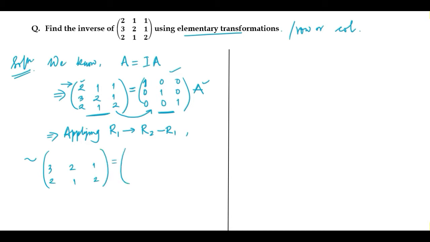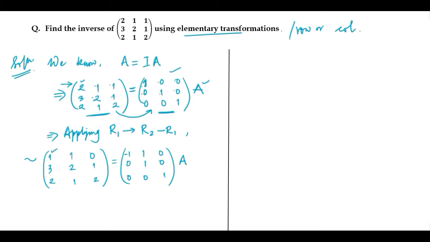Right hand side 0 1 0, 0 0 1 and A. Now you do this R2 minus R1. R2 minus R1 will be 3 minus 2 is 1, 2 minus 1 is 1, 1 minus 1 is 0, 0 minus 1 is minus 1, 1 minus 0 is 1, 0 minus 0 is 0.